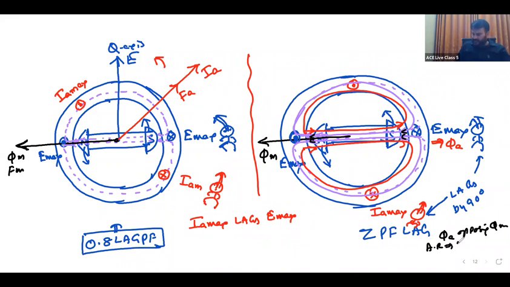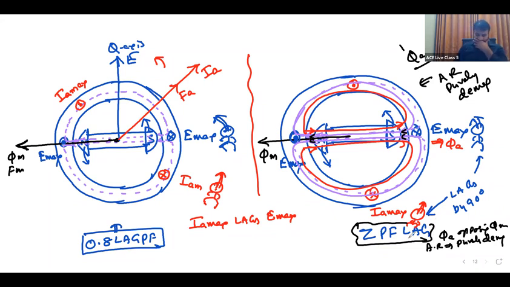Armature reaction is purely demagnetization, because phi A opposes phi M. So armature reaction is purely demagnetization for ZPF lagging, which we have taken.